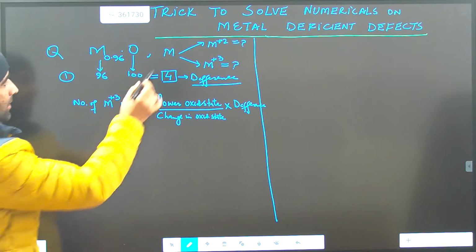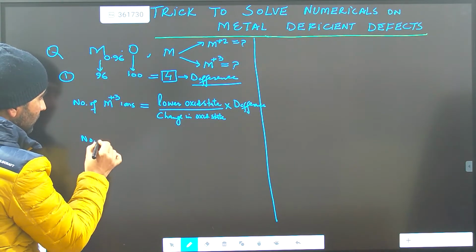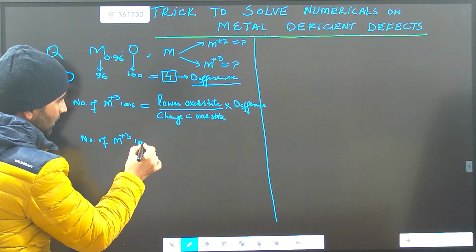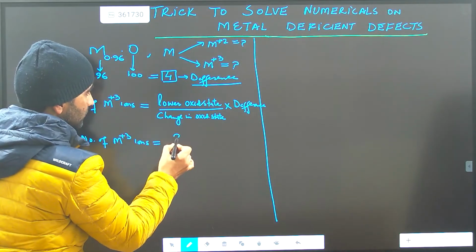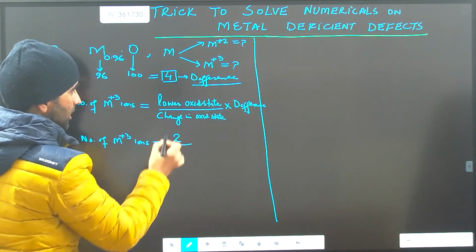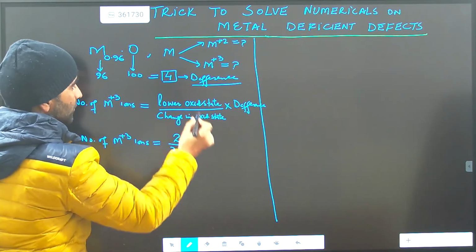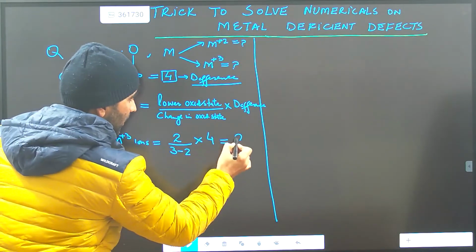Simple. So in this case, if you have to calculate the number of M plus 3 ions, that will be equal to, lower oxidation state is 2, change in oxidation state is 3 minus 2, multiplied by the difference 4, and you will be able to solve it. This will be 8.